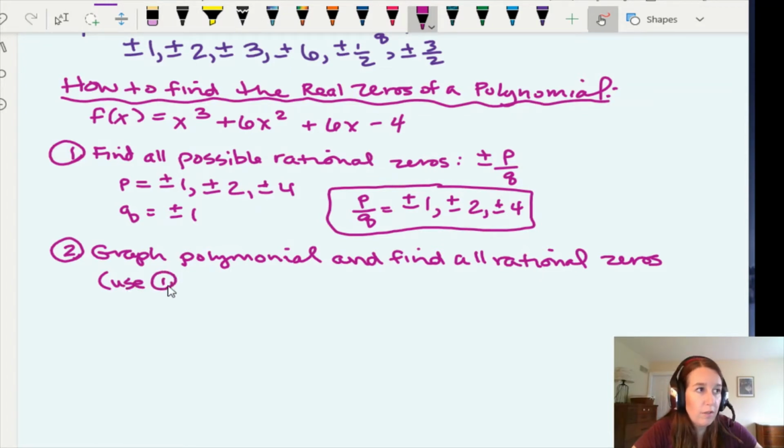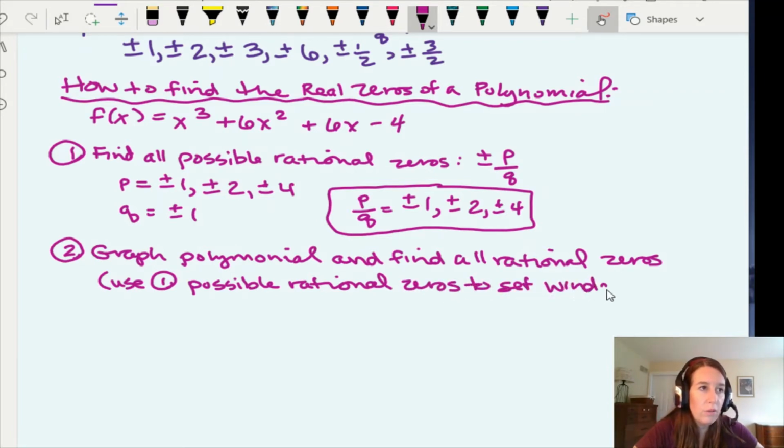Okay, now what we're going to do from step 1, we're going to use the possible rational zeros to set the window for x. Okay, that can sometimes help.